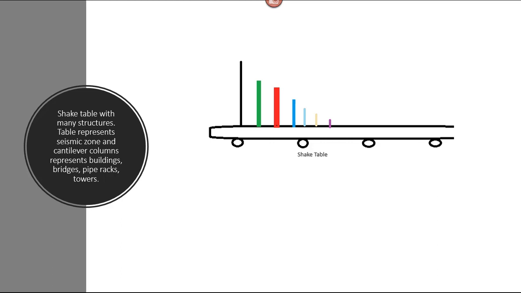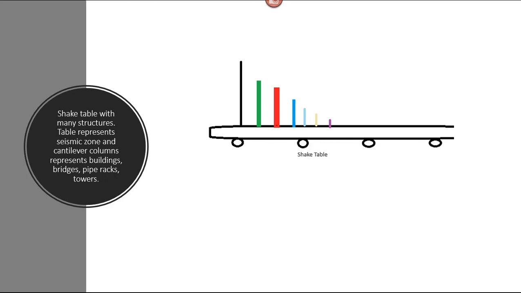What these response spectrum curves are supposed to be is basically an experiment. So let's imagine that we have a shake table, which is supposed to represent ground. And by shaking this, we're basically trying to mimic a seismic event.